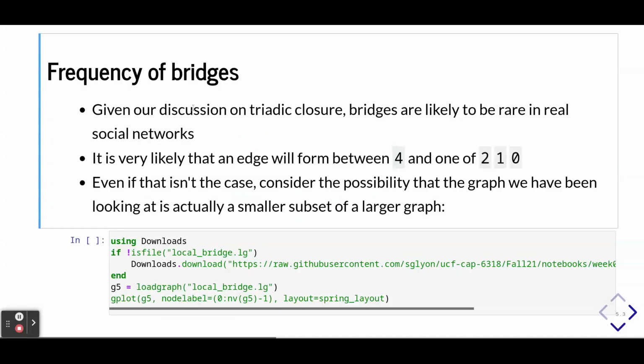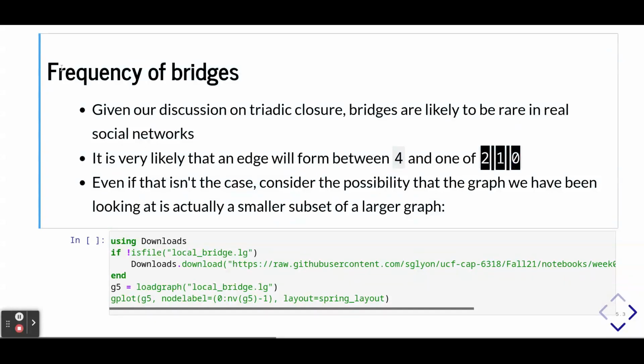So if the triadic closure property is as common as we've said it is, it would be very likely that at least one of these three edges between, say, 4 and one of these other nodes is likely to form.